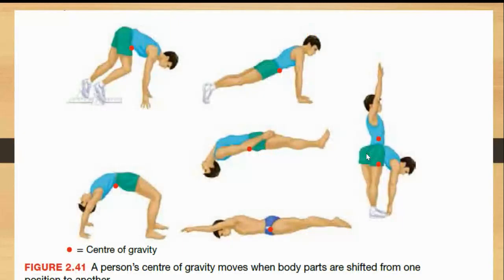So here's a few more examples, and you can see how that changes depending on the position. I will pay particular attention to this starting blocks person because quite often there's questions on that. You can see that their base of support is their feet and their arms, but once they propel themselves forward, their center of gravity, although low, is well in front of their base of support.